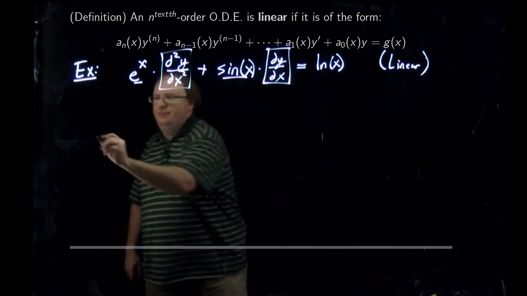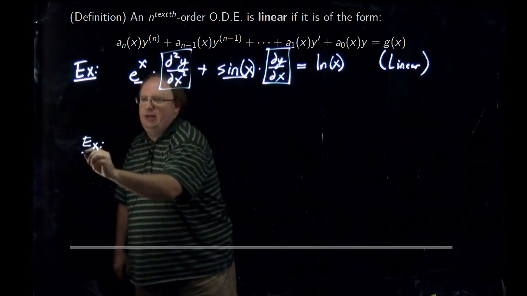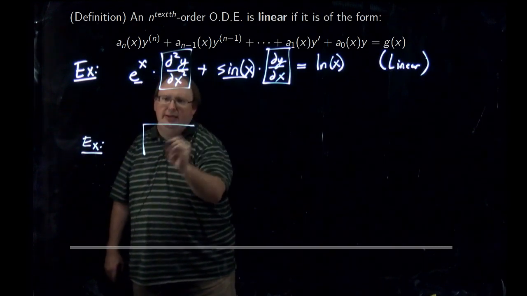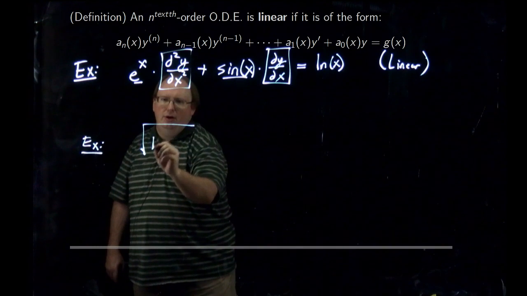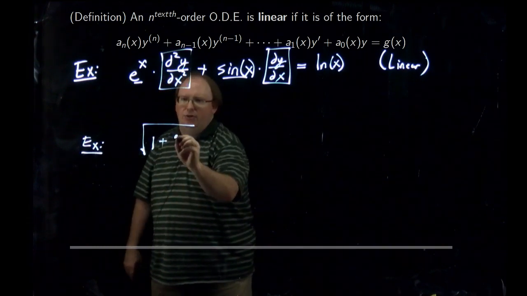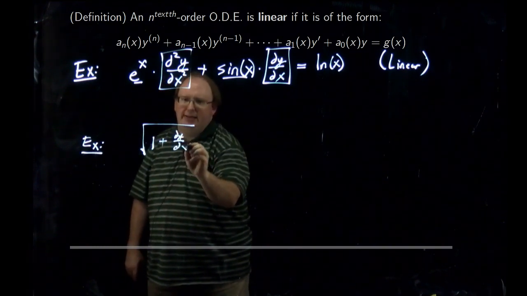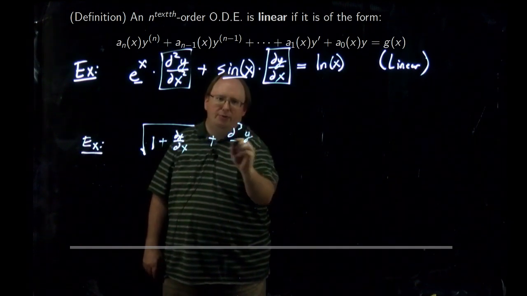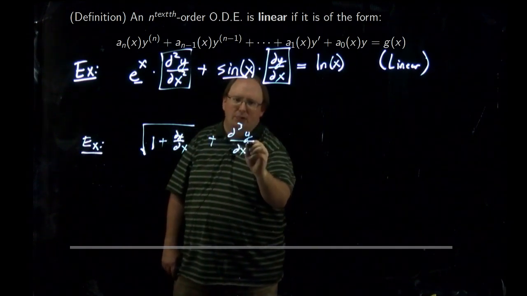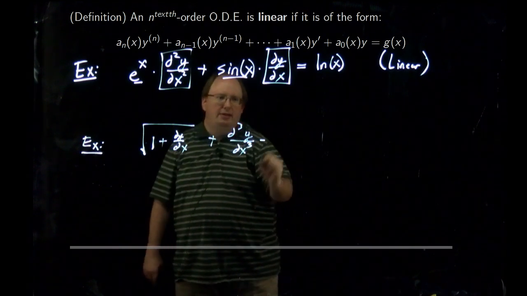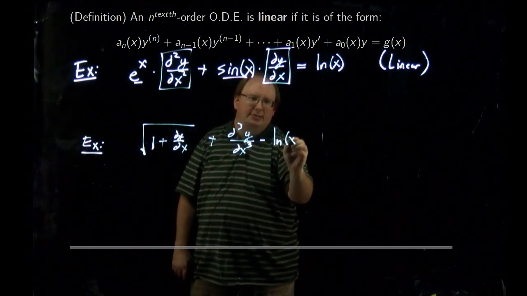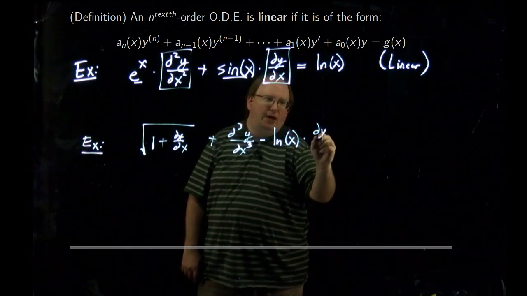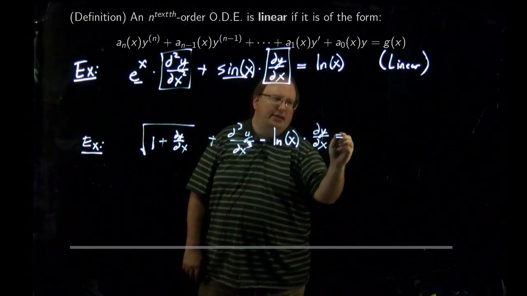Things that are not linear, for example, would be like that example that I gave earlier with the square roots. If I had, say, the square root of 1 plus the derivative of y with respect to x, plus the third derivative of y with respect to x cubed, minus the natural log of x times the first derivative of y with respect to x, and say that's equal to 0.